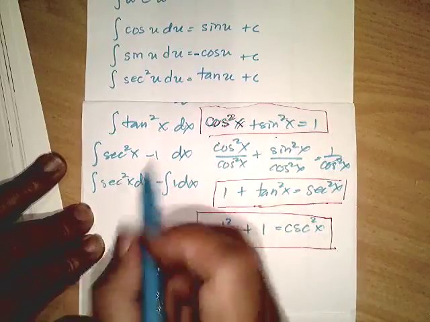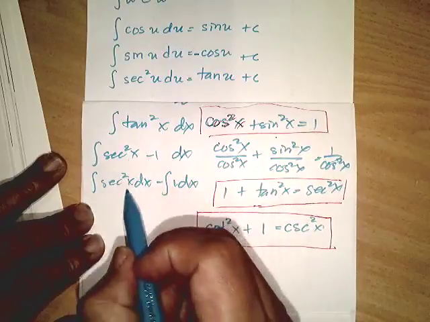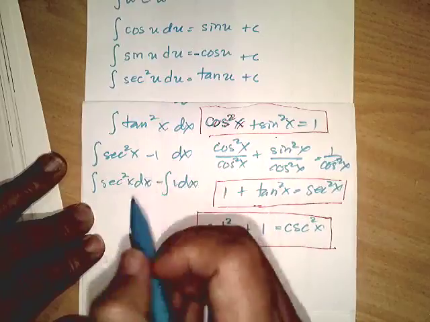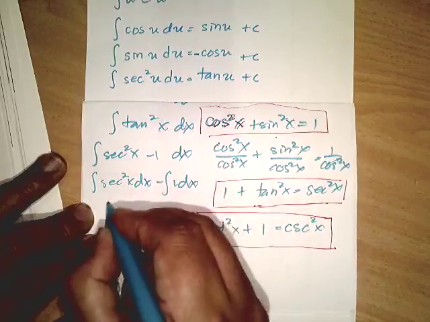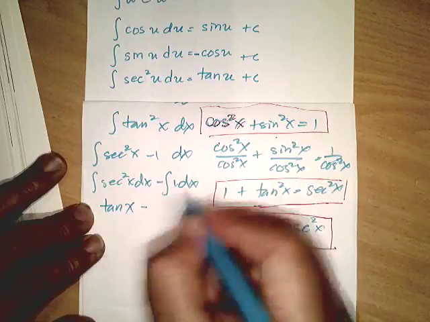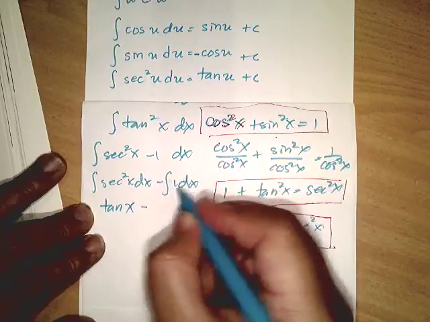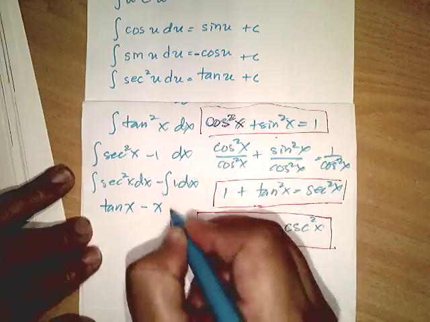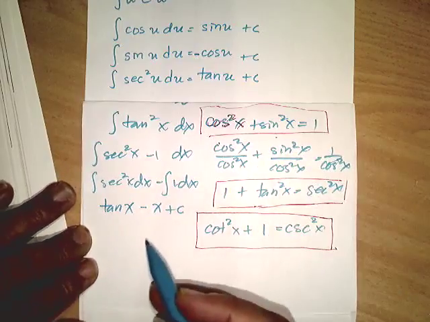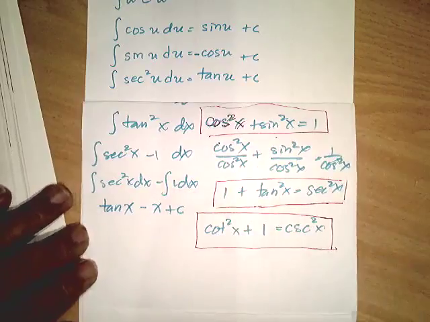Your u is x, so it follows that form. Therefore, this is equal to tangent x minus the integral of 1 with respect to x, which is x, plus some constant. So that is the integral of this.